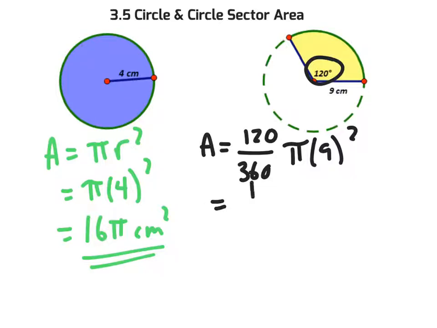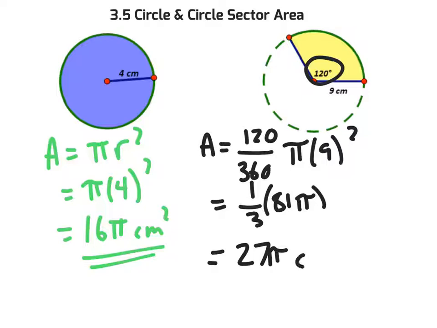Now that happens to be 1/3. Let's simplify it down. And if we multiply all of that mess out, we get 27 pi centimeters squared. And again, by doing this percentage here, I'm only calculating this region, 1/3 of our circle.